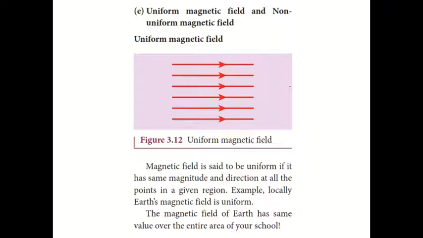If you take a small magnet and go closer, you can feel more magnetic field strength. If you go a little away, you feel less magnetic field strength. So here the magnetic field is not uniform.